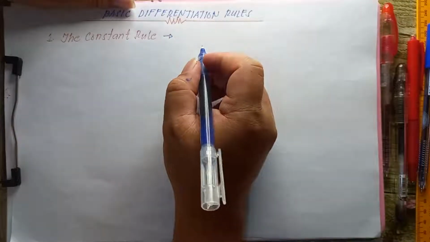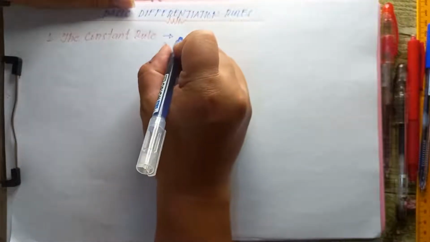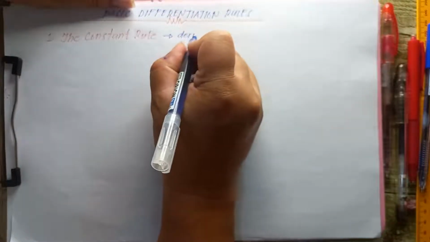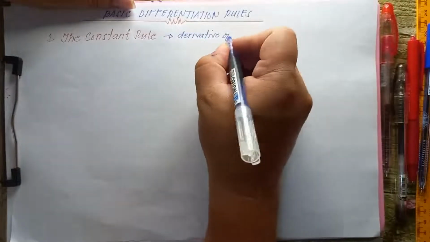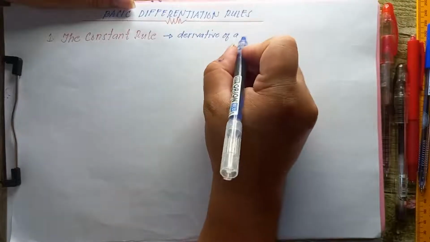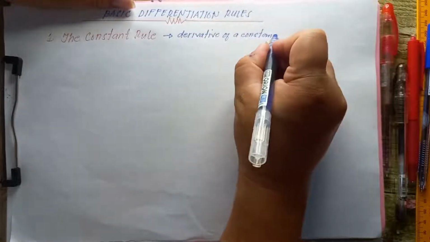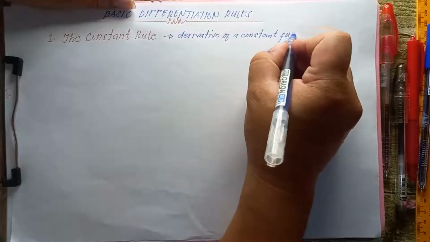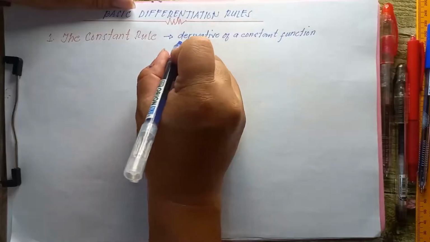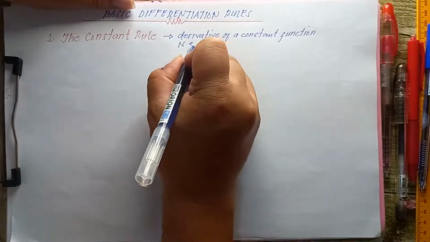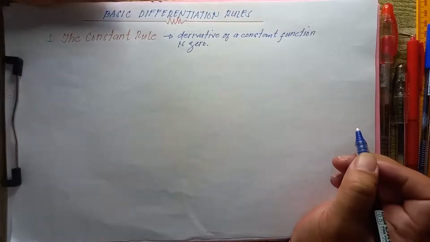Meaning to say, if you have a function that is considered to be a constant, the derivative of a constant function is always zero. So that is the derivative of a constant function or a constant.